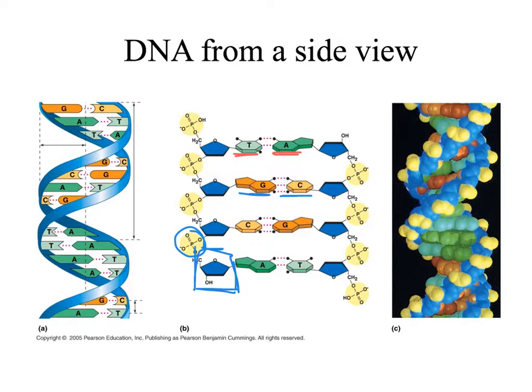Now, this is still showing you the double helix that Julia mentioned just a second ago. And you can see that right here, which is how you're going to see it a lot in your textbooks. It's not going to be quite like that first one I drew. And you can also see it over here, so this is giving you more of a 3D image.